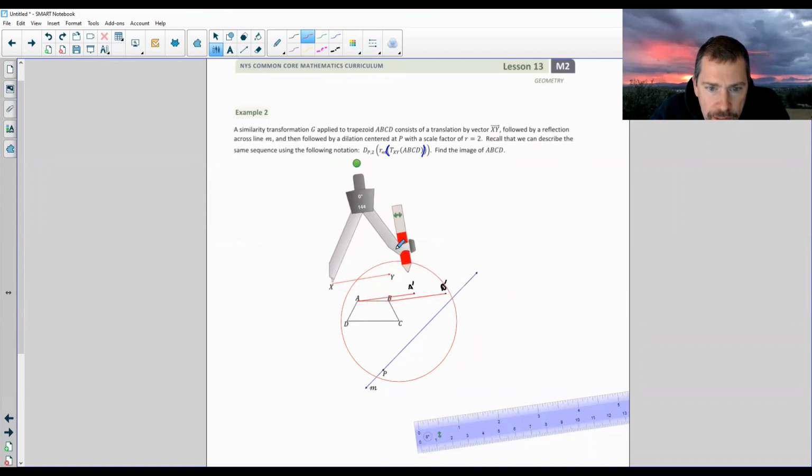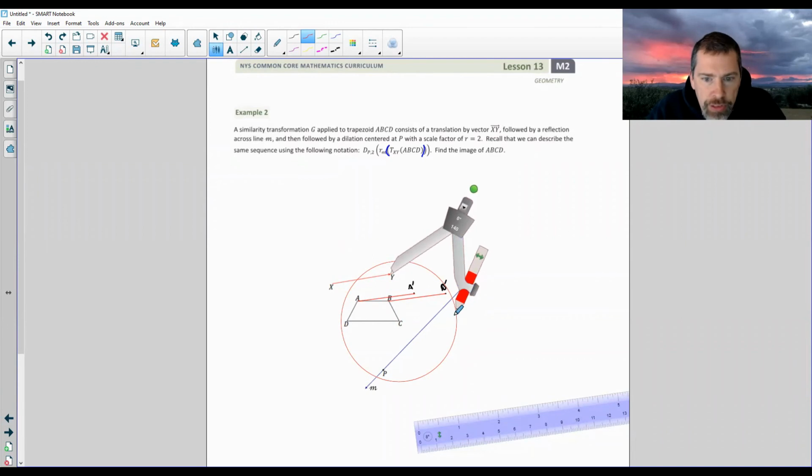Put your compass on X, radius XY, bring it to C, draw a circle. Then put your compass on X, opened up to C, radius XC, but then move it to Y. That's where I made a mistake, okay? And then draw a circle there.